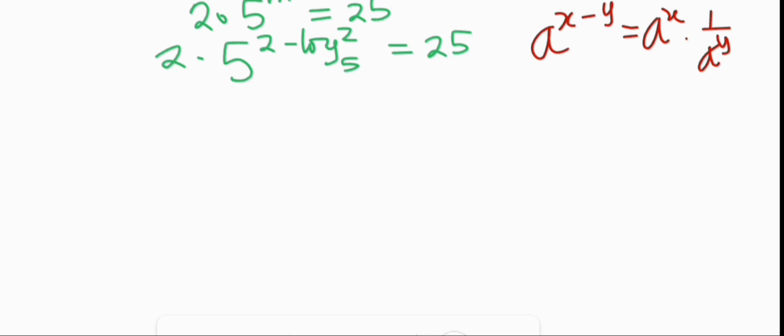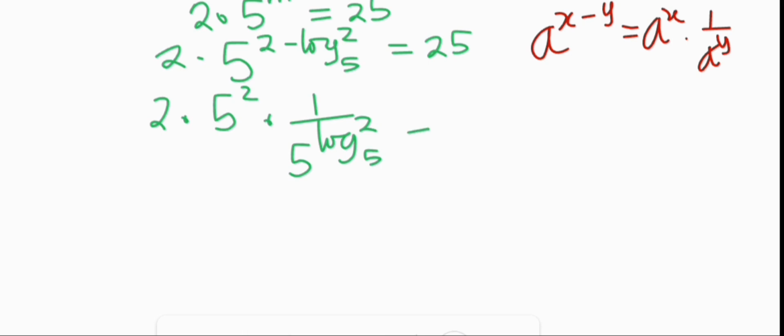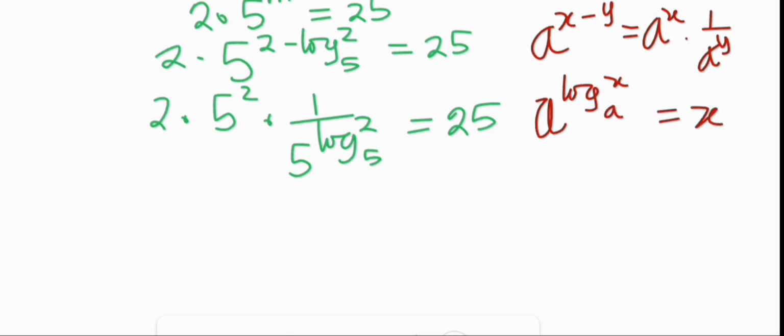That is, we have 2 times 5 to the power of 2 times the reciprocal of 5 to the power of the logarithm of 2 to base 5. And we want to see if this is going to be equal to 25 on the right hand side. Also, it is important to note that a to the power of the logarithm of x to base a is x.